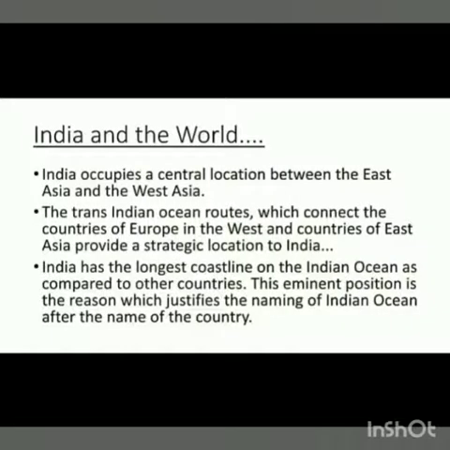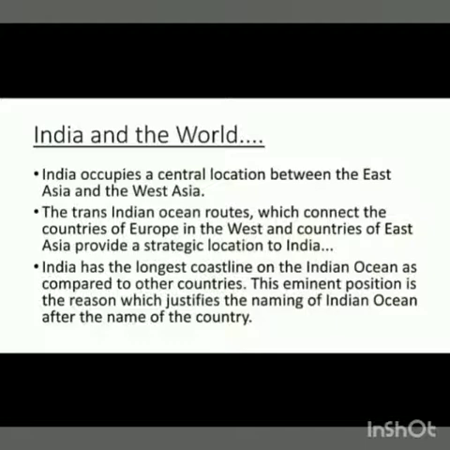Now, the next topic of the chapter is India and the world. India occupies a central location between East Asia and West Asia. The Trans-Indian Ocean routes, which connect the countries of Europe in the west and countries of East Asia, provide a strategic location to India.